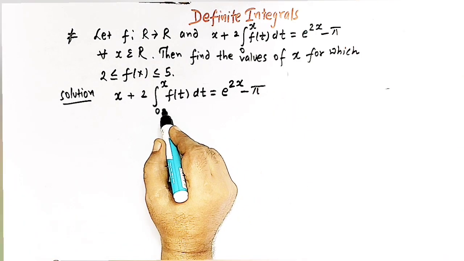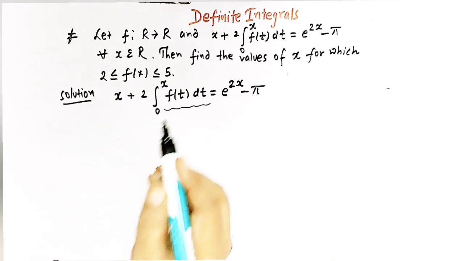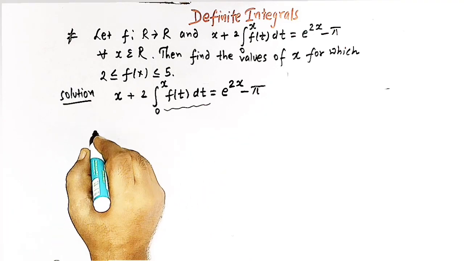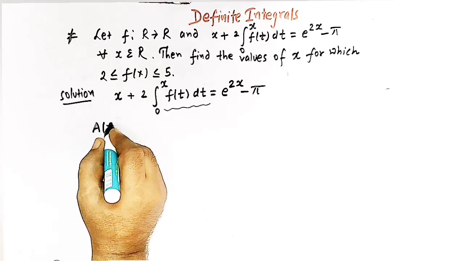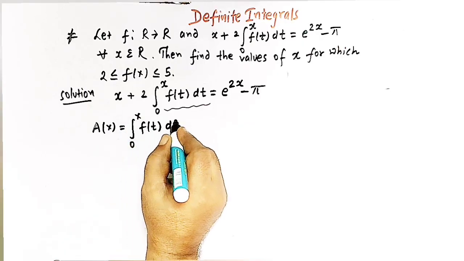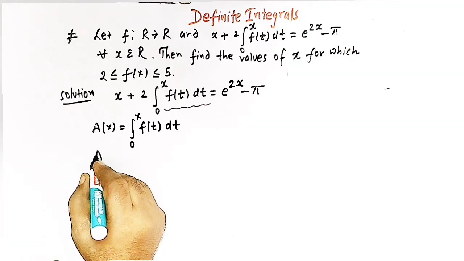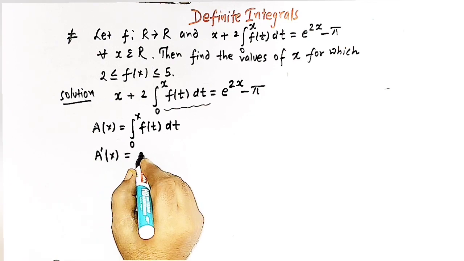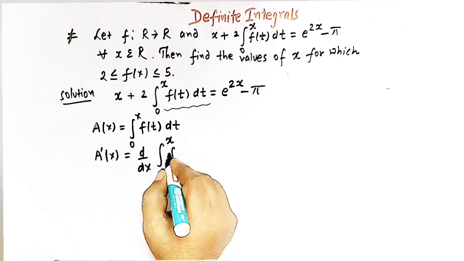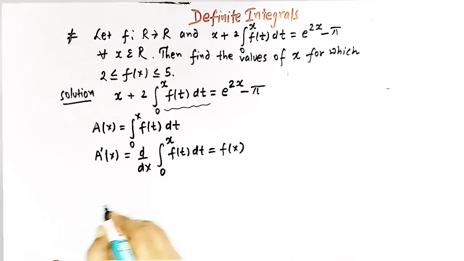Now see, here we have this integral that is from 0 to x f of t dt. Now see, the fundamental theorem of integral calculus says that if we have a function, say a of x, that is equal to the integral 0 to x f of t dt, then the derivative of this function a of x, that is a prime of x, is equal to d by dx of the integral 0 to x f of t dt, which is simply f of x, right?